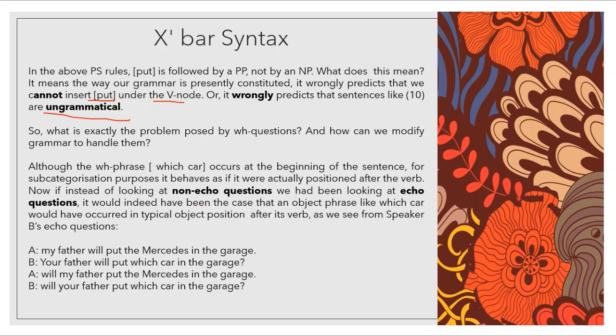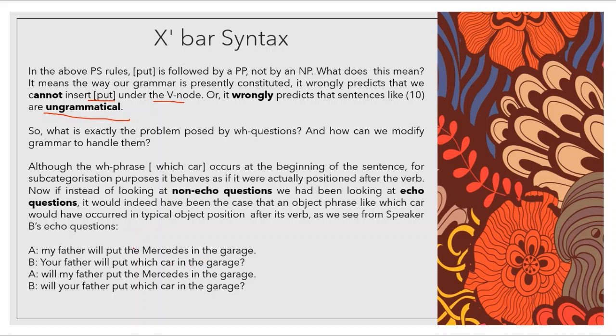It would indeed have been the case that an object phrase like which car would have occurred in typical object position after its verb, as we see from speaker B's echo question. So let's look at echo questions in English. It's clearer than Arabic. So my father will put the Mercedes in the garage.